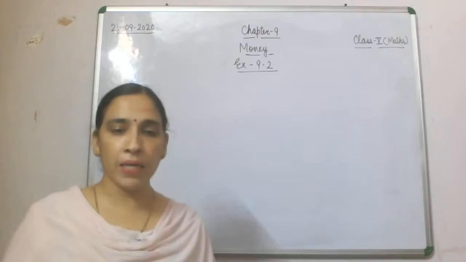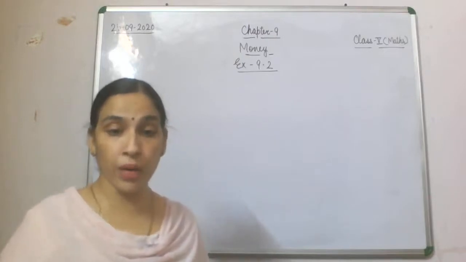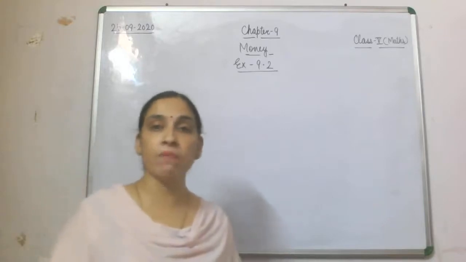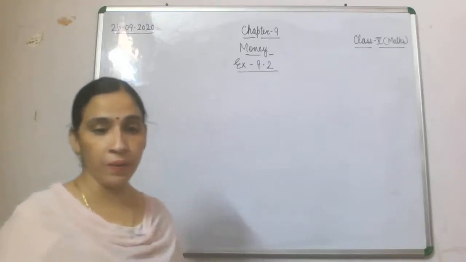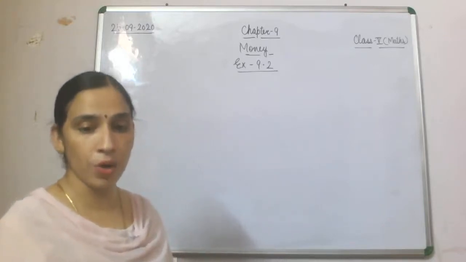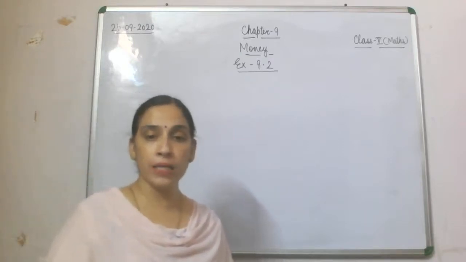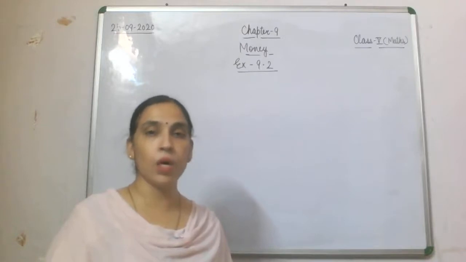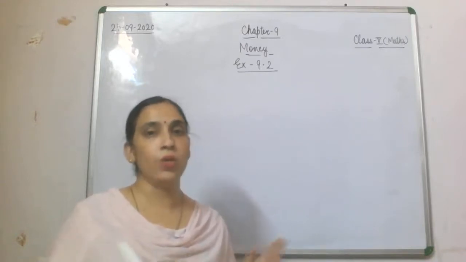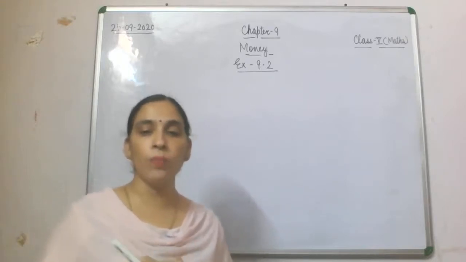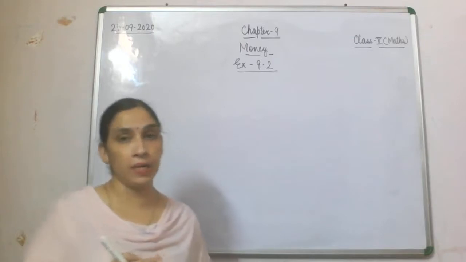Now here, question number 4 I am doing. Question number 4: Pankaj spent rupees 525 and 39 paisa on dress and rupees 139 and 85 paisa on books. Now here cost of dress is given, cost of books is given. What is the question? How much money did he spend?